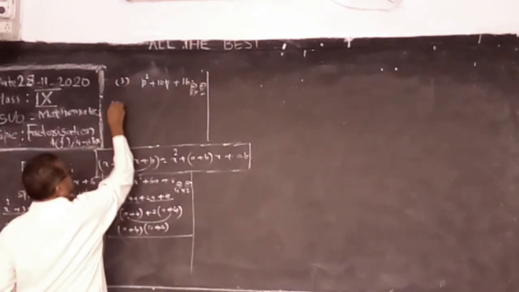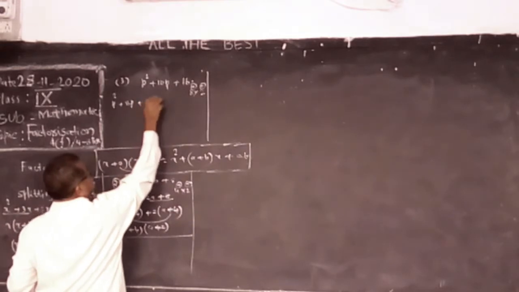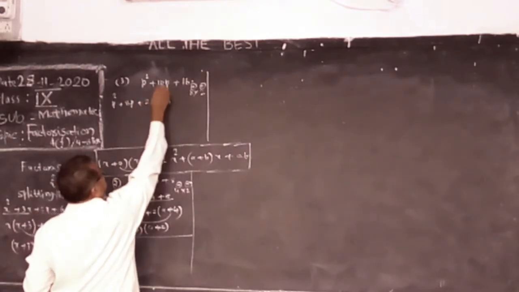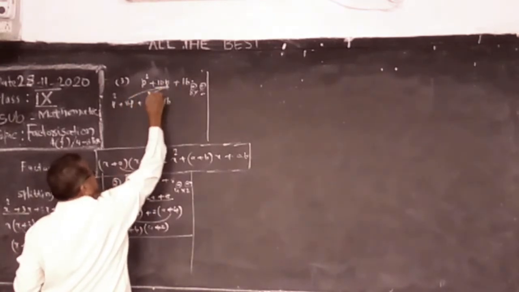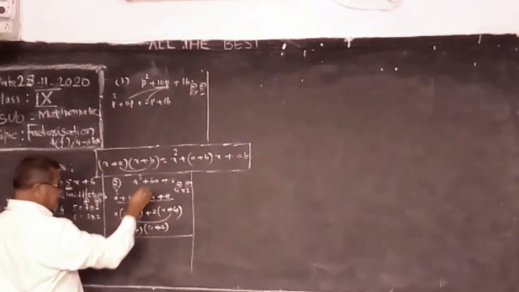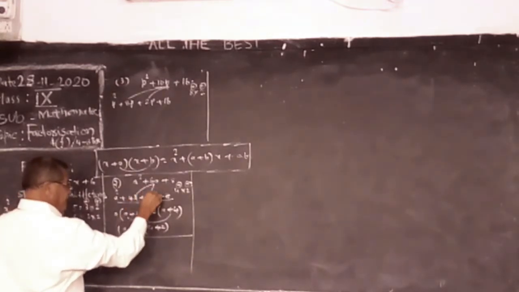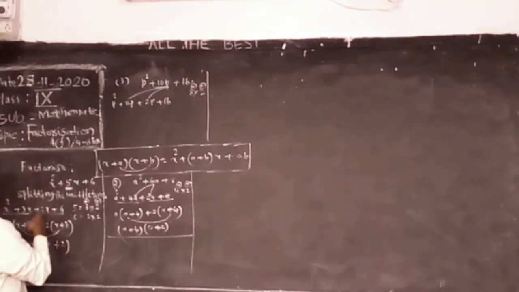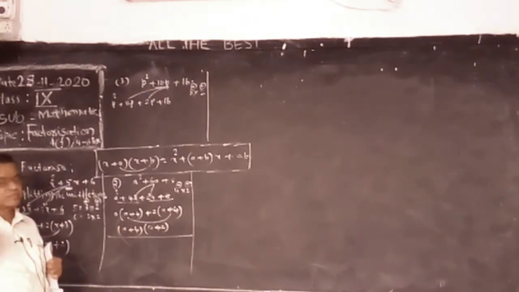So split the middle term: p squared plus 8p plus 2p plus 16. This 10p is written like this, as 8p and 2p. Split the middle term to satisfy the sum and the product.